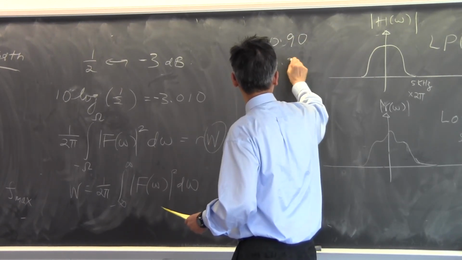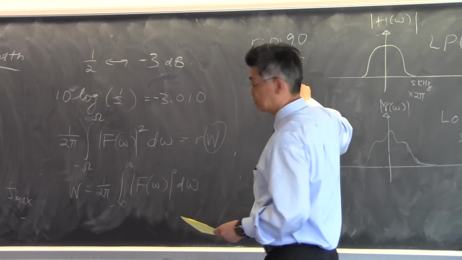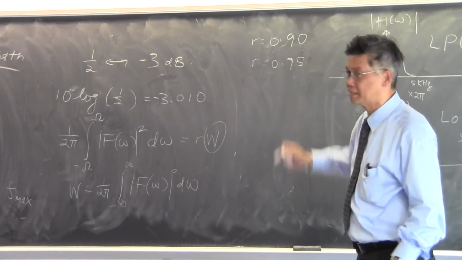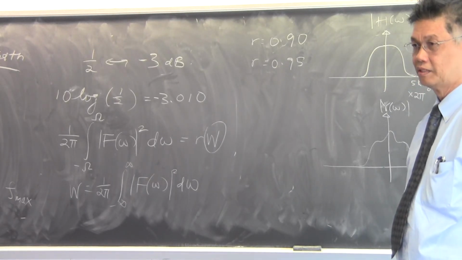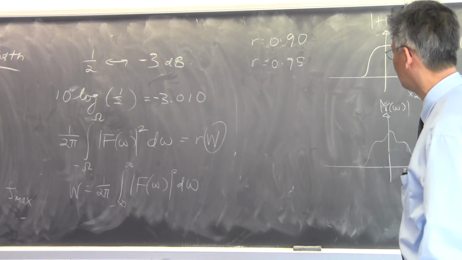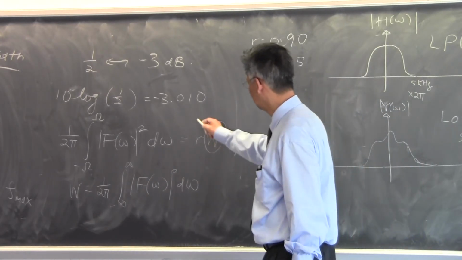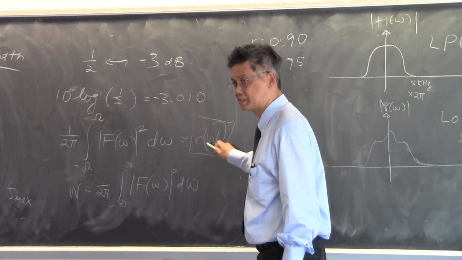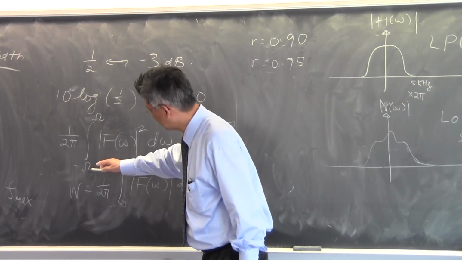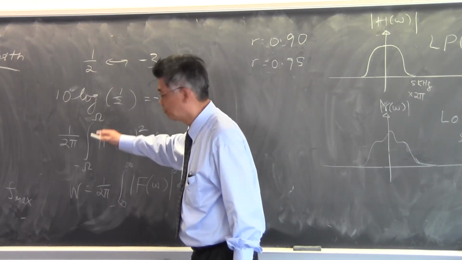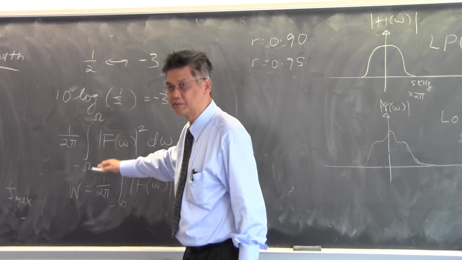It can be 0.95, which is 95%. You can call this a 90% bandwidth or 95% bandwidth, depending on how you define this. So bandwidth can also be defined using this number, which is the percentage of the total power that is captured within this range of frequencies.